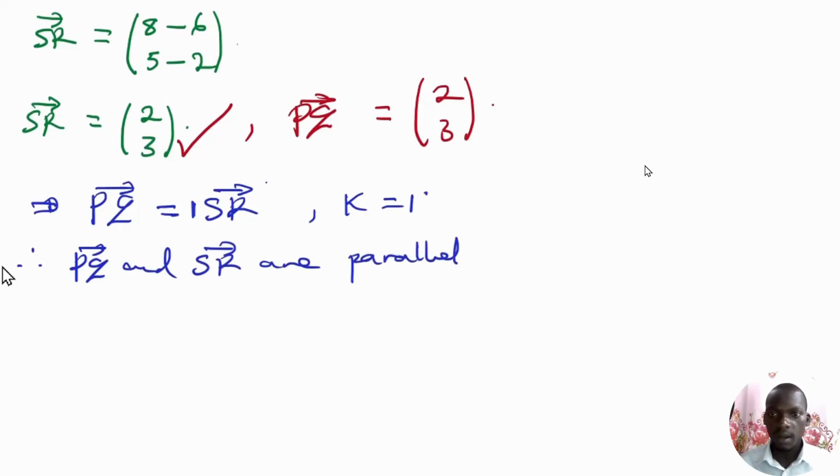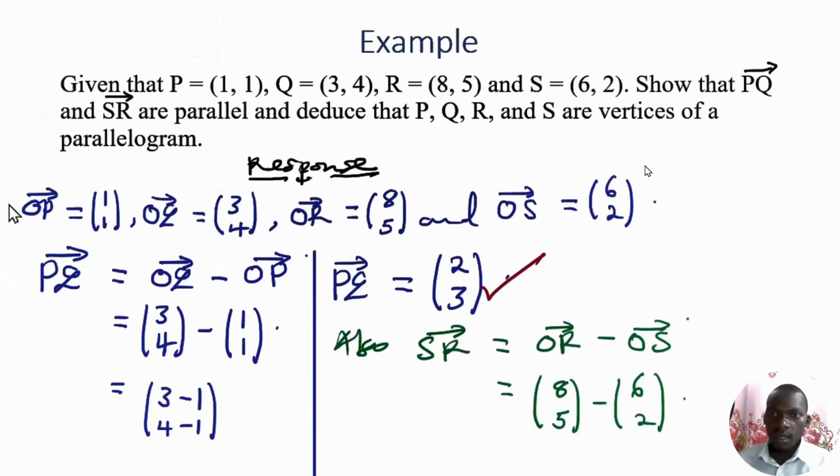So they are parallel because vector PQ equals a scalar multiple of vector SR. Now we are asked to deduce that P, Q, R and S are vertices of a parallelogram. Remember, a parallelogram can be of this form, like the way I'm drawing it here.